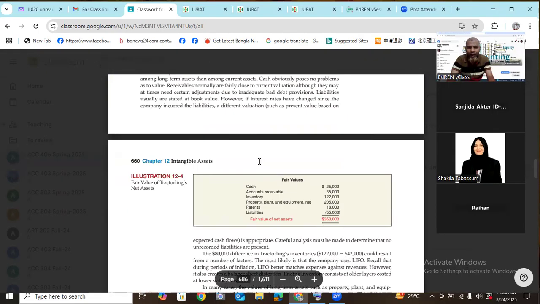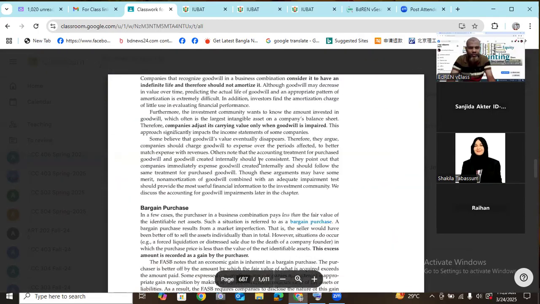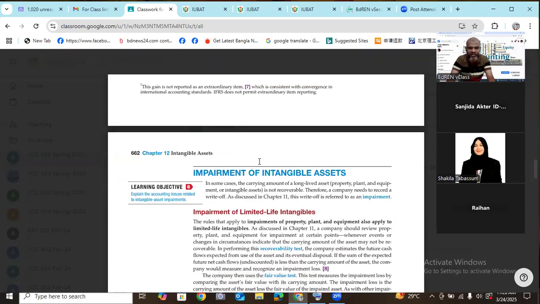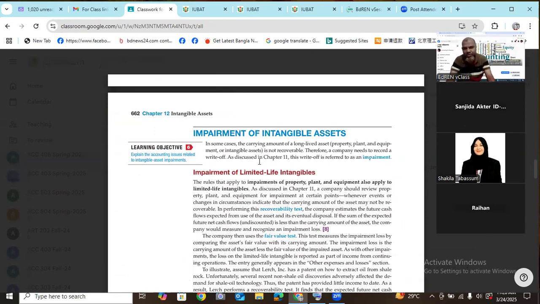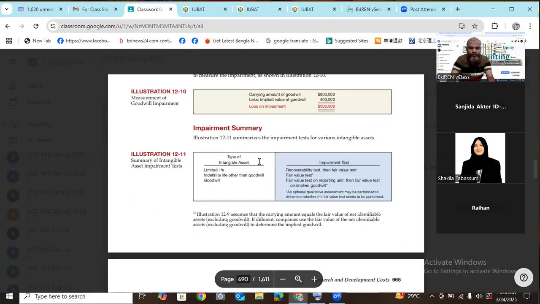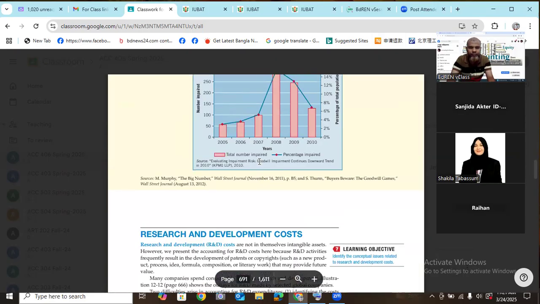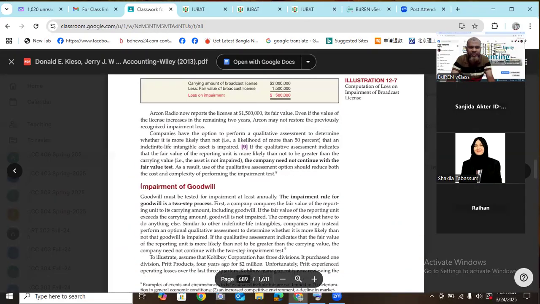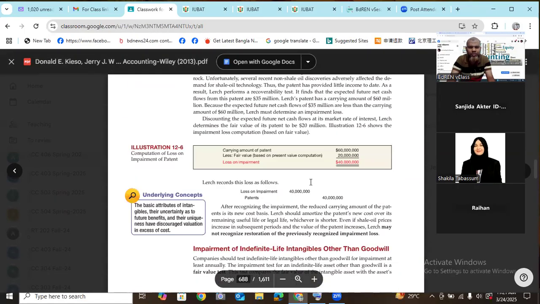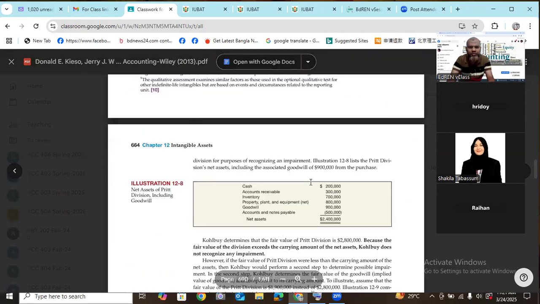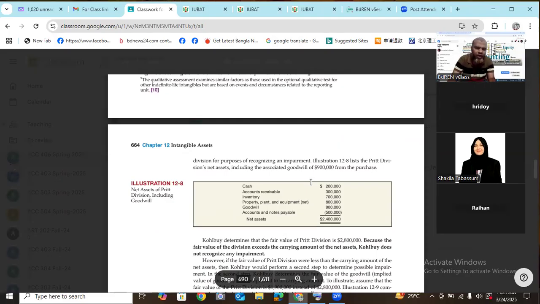Then we discussed goodwill write-off, bargain purchase, then impairment of intangible assets. So did we complete this part, impairment of goodwill? Yes, sir. Already complete.